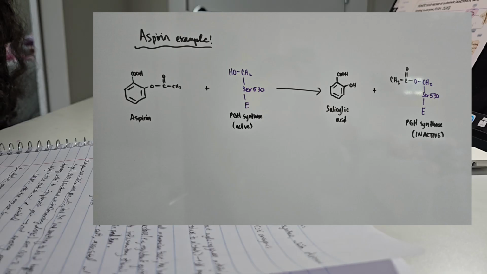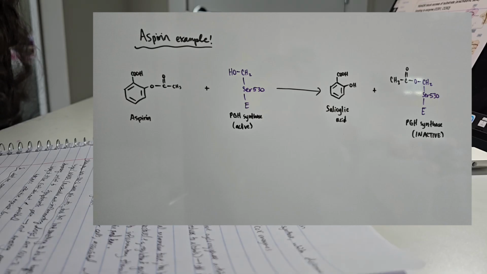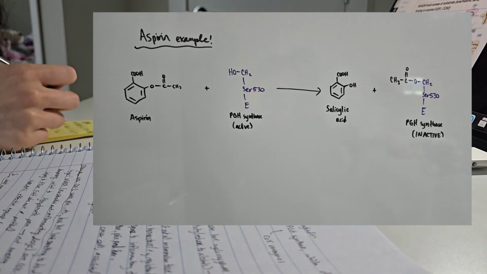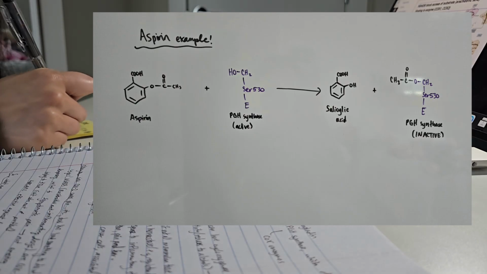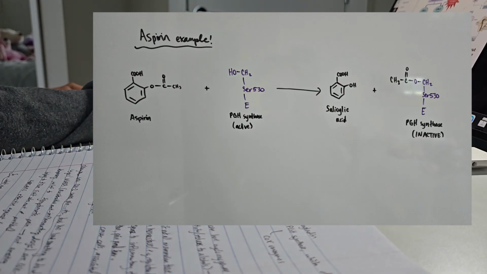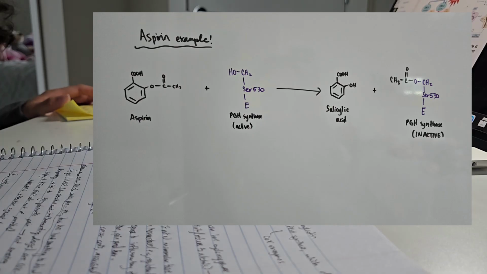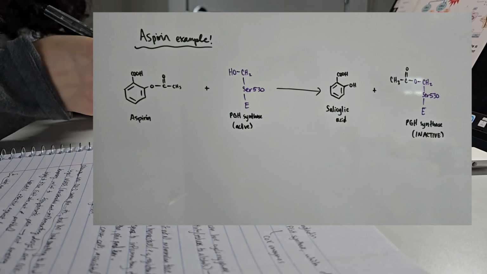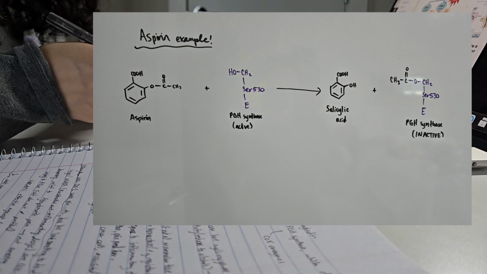So it inactivates COX-1 and 2 by acetylating the serine residue. And the problem with inhibiting COX-1 is that you won't have your housekeeping functions anymore. So, unfortunately, NSAIDs do inhibit both COX-1 and 2. So not only do you reduce pain, fever, and inflammation, you reduce the housekeeping functions that your body normally does.